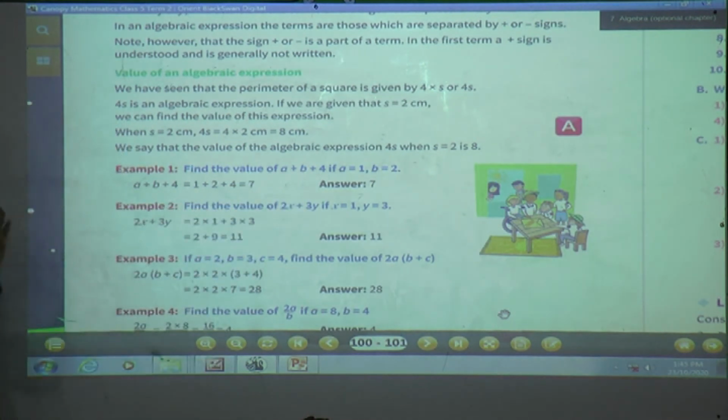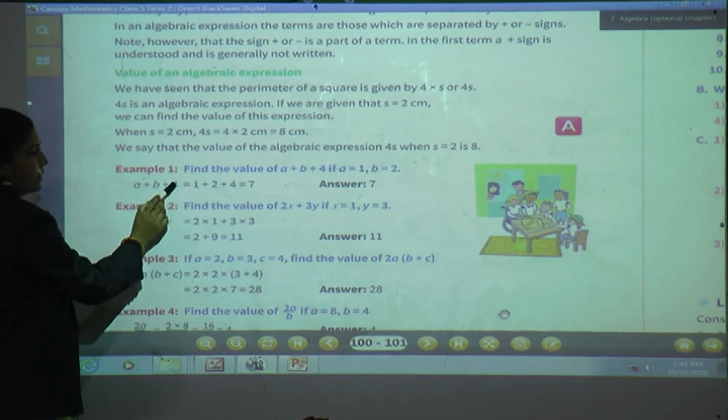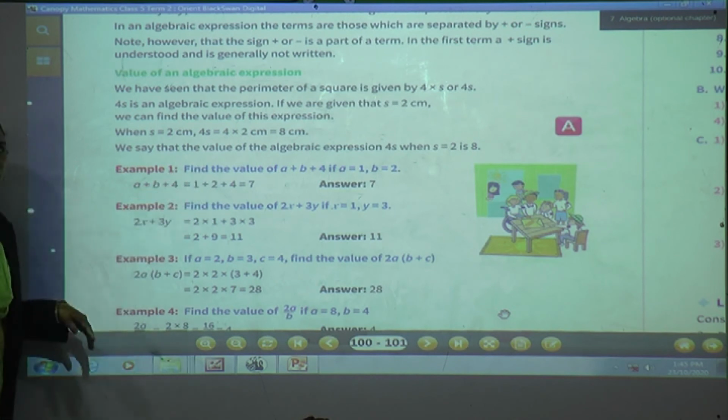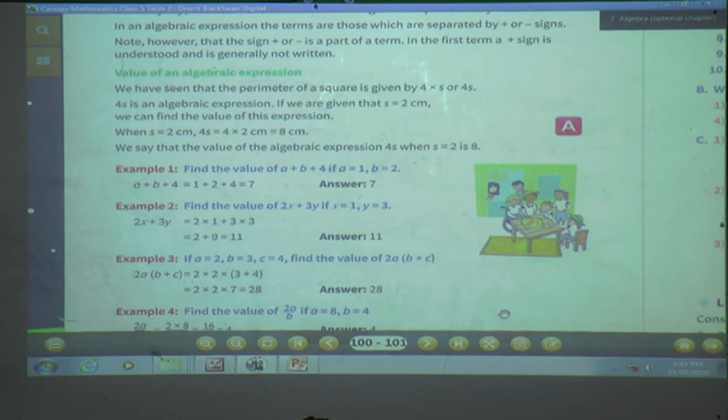So just put the value in the expression. Here a means 1 plus b means 2 plus 4. That means 4 plus 2 plus 1 is equal to 7. Answer is 7.